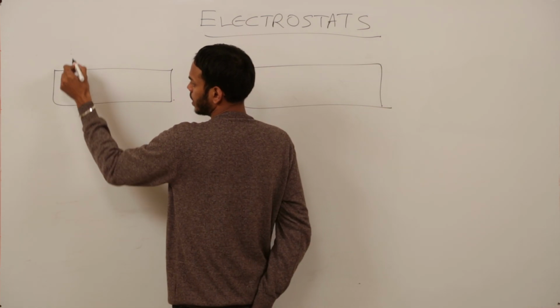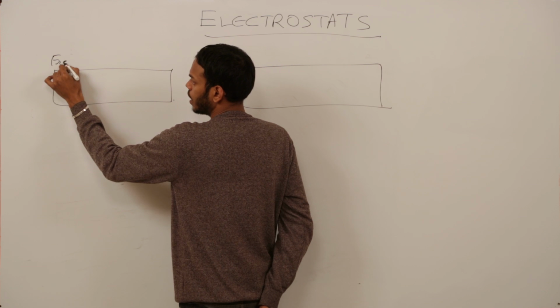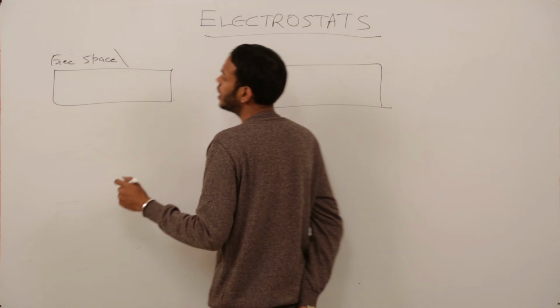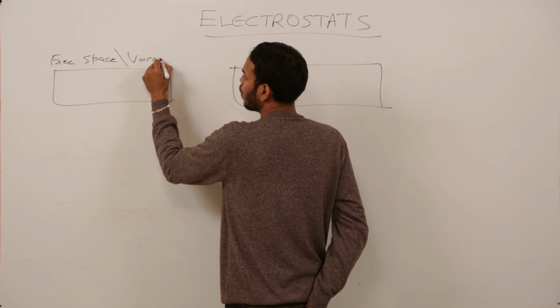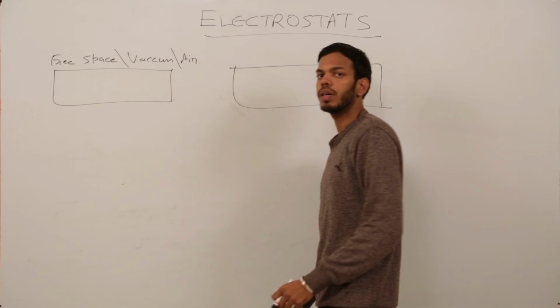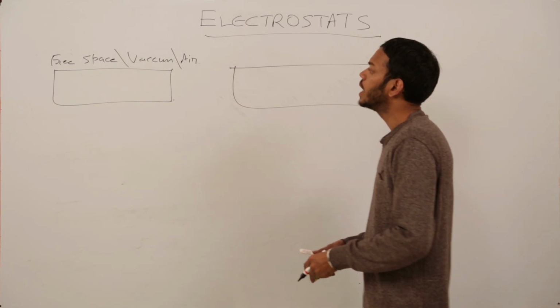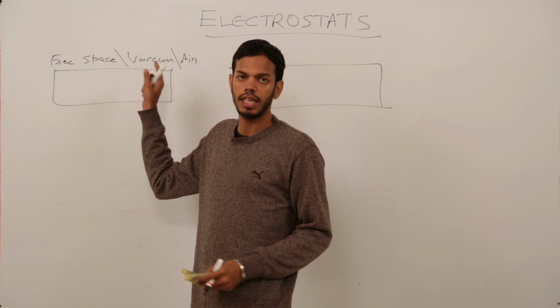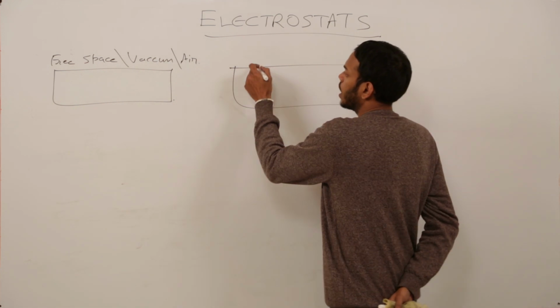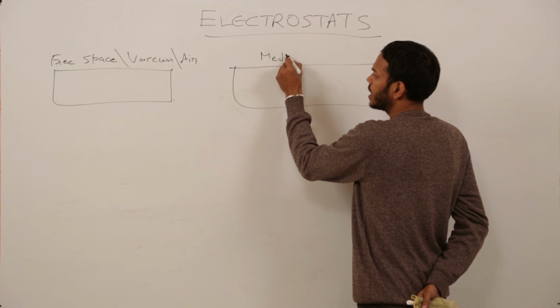Consider this as free space. I meet a lot of students who get confused between the terms free space, vacuum or air. Books like Pradeep, ABC, NCERT, SL Arora always use these three notations for the same thing. They are all equal.